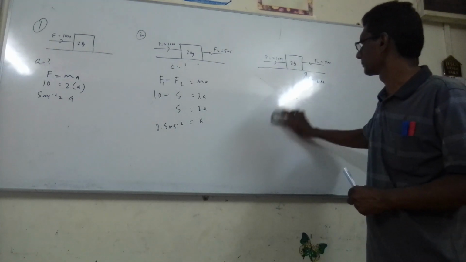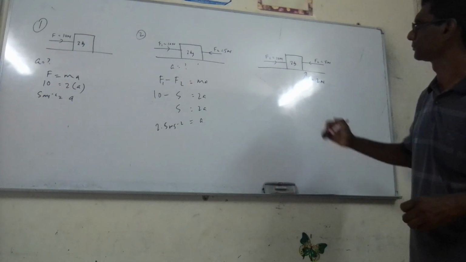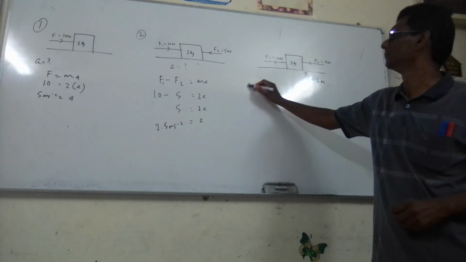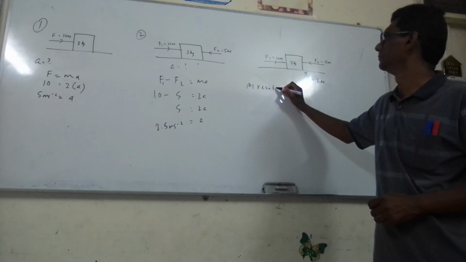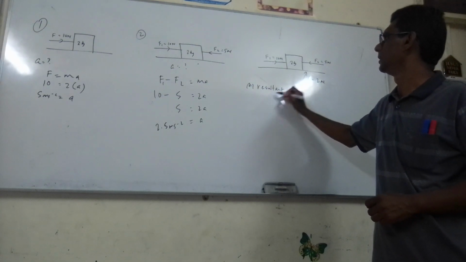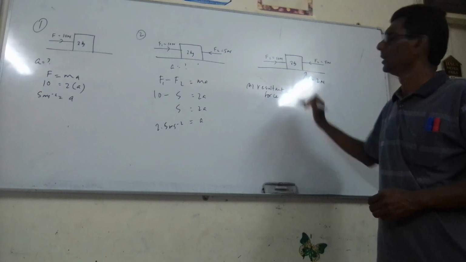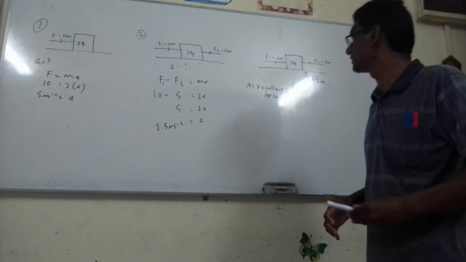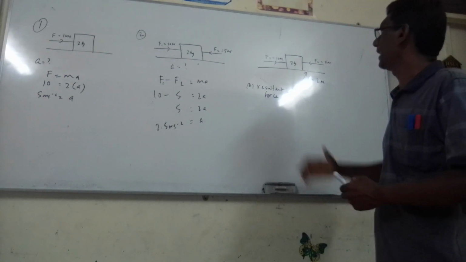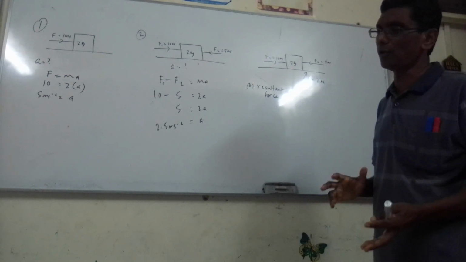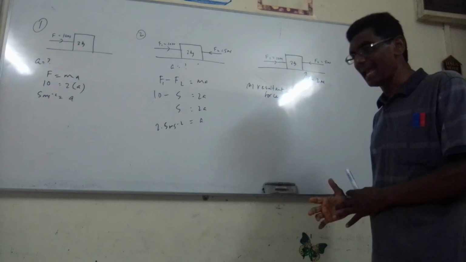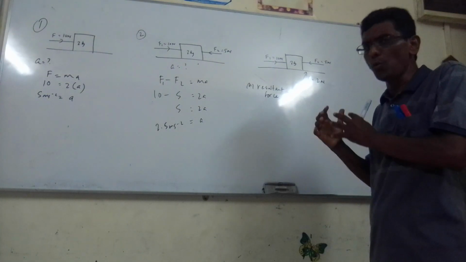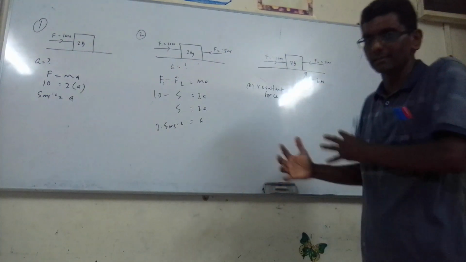First of all, question A, the resultant force. To find the resultant force, we take the bigger force minus the smaller force, and the friction is always subtracted at last.